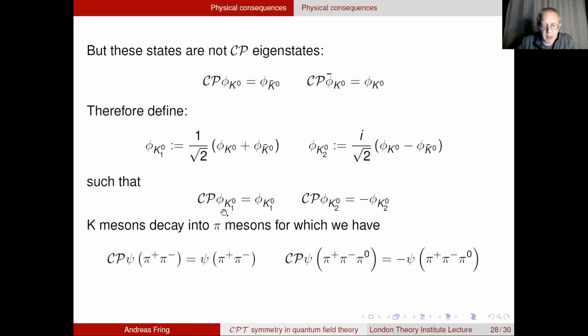So CP acting on this new field phi K10 gives you phi K10, and CP acting on K20 gives you minus phi K20.